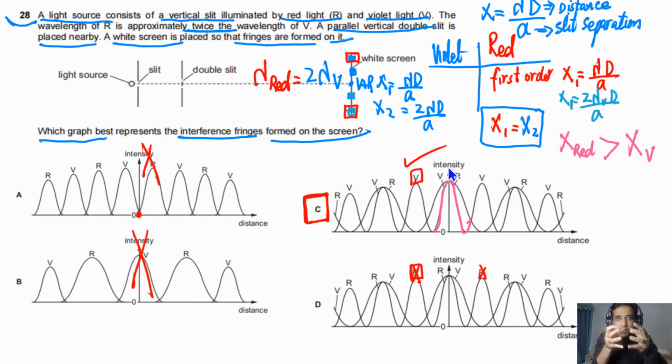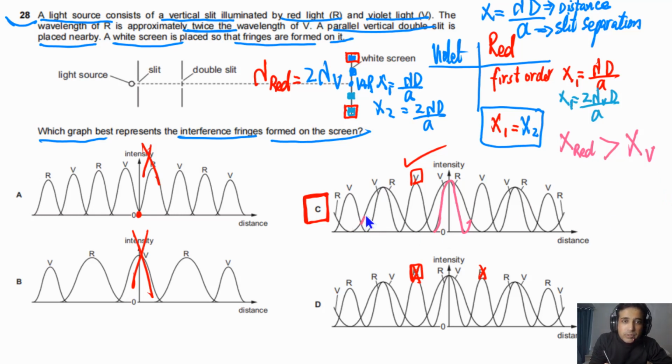So the red bright fringes are wider. The size is bigger than the size of the violet. So that's the reason on the inner side we have violet and on the outer side we have red bright fringes, because the size is bigger. That's the point you need to understand. If you look here, we have the red outside and we have violet inside.